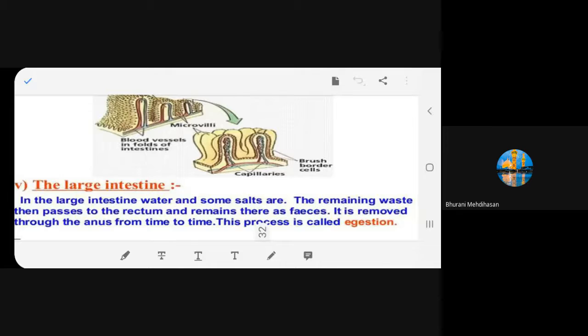The large intestine. In the large intestine, water and some salts are the remaining waste then pass to the rectum. So please leave it. You're not able to read properly. Whoever I stop, you have to practice it. Who was reading earlier, just now?